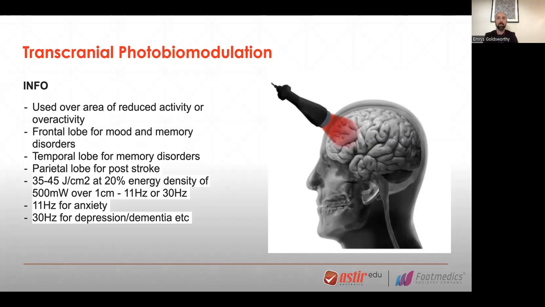They're not using these very specific frequencies that the brain seems to respond to. Some papers have shown that anything above 30 hertz has a nil effect on the brain. There's not much change to cerebral blood flow or function, and anything between 11 and 30 doesn't seem to either. There's this sweet spot at around 10, 11 hertz and 30 hertz.